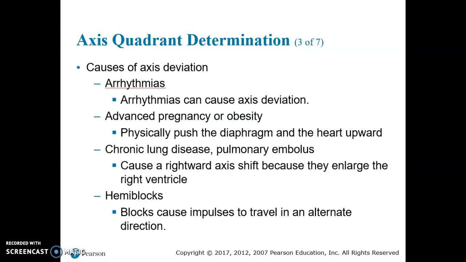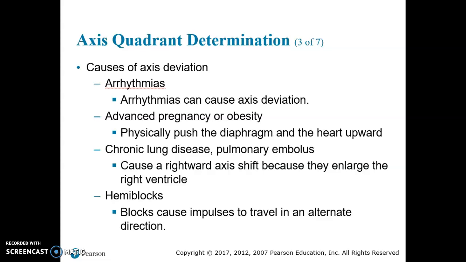Other causes of axis deviation could be an arrhythmia. Examples of arrhythmias would be a ventricular rhythm that starts in the ventricle and travels backwards up the heart, okay? With advanced pregnancy or obesity, this physically pushes up on the diaphragm and it can push the heart upward, so it may shift that axis upward toward the left, okay?